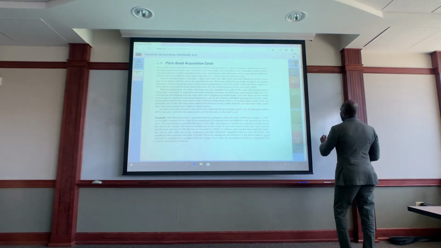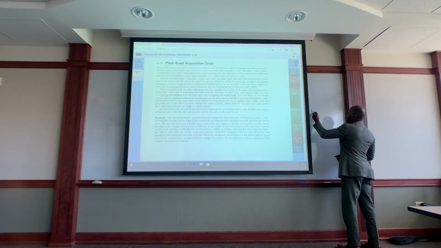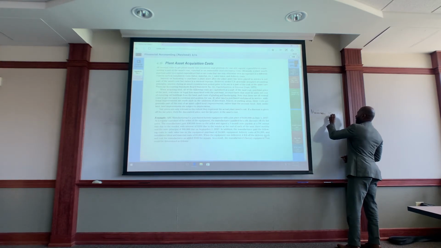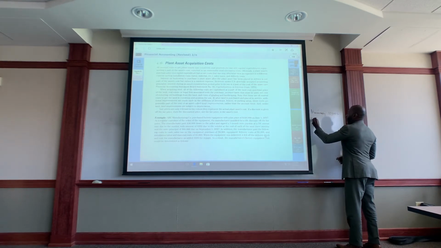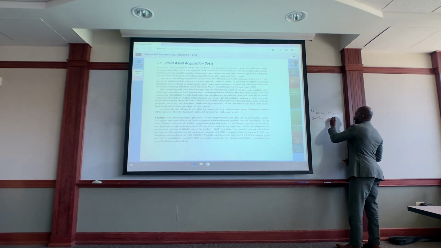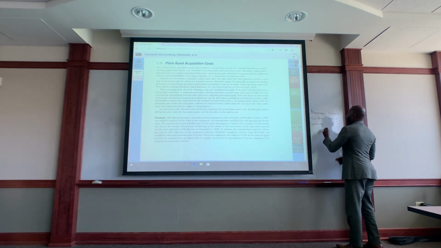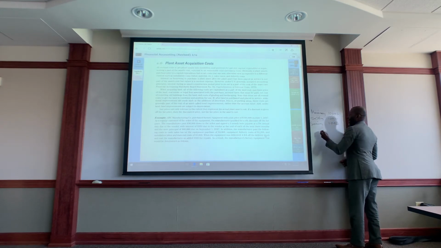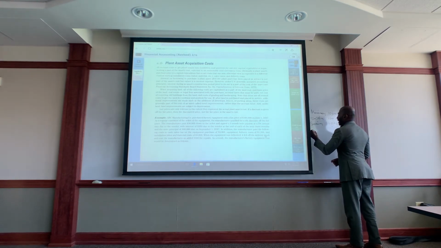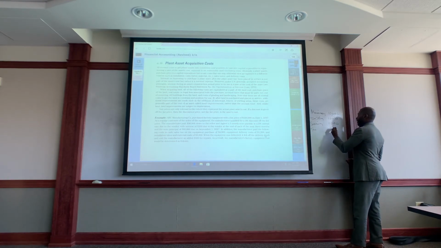So let's detail it out. I have a piece of machinery, which cost me $10,000. Shipping on that machinery cost me $1,000. Installing it cost me another $1,000. And then we have the tax, which was $800.